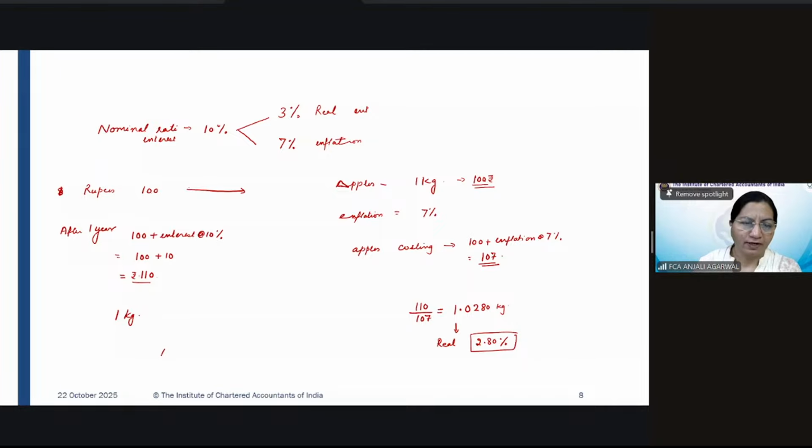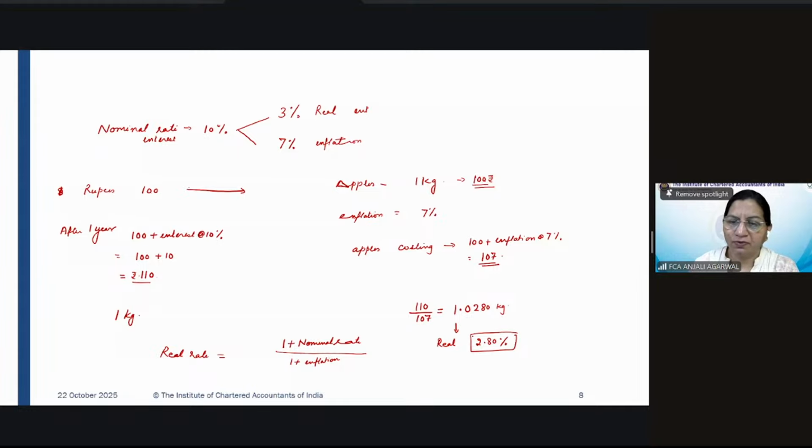So if you want to find out the real rate of interest, the formula will become 1 plus nominal rate of interest divided by 1 plus inflation, right? So this will give you 1.0280. So 1 kg instead of 1, you are now able to get 1.02.